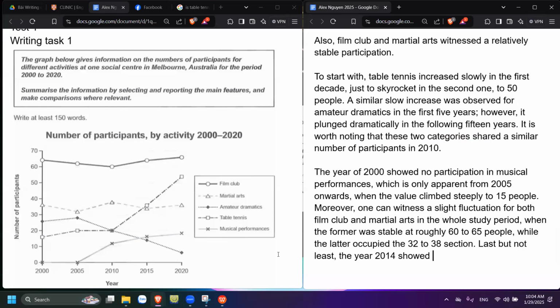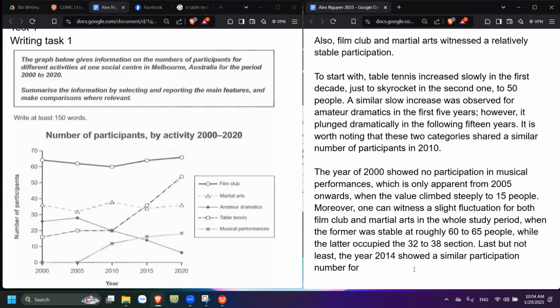The year 2014 showed a similar participation number for martial arts and table tennis, and then these two, right? Yeah. But mentioning the name of these categories again, it's like, ugh, you know.